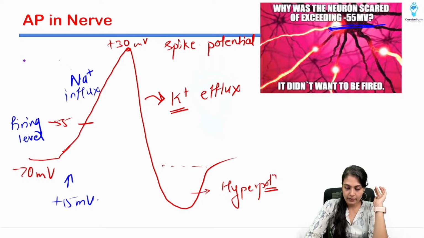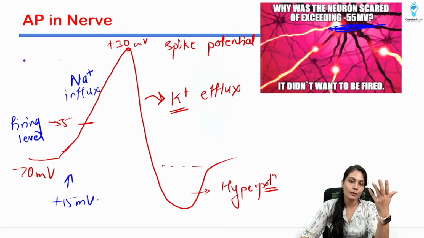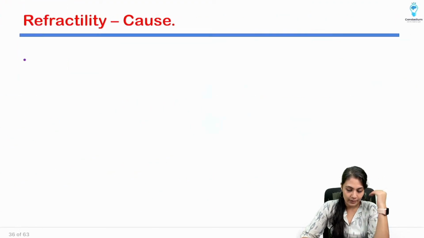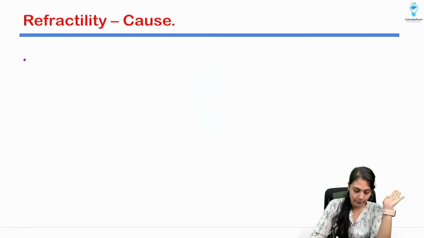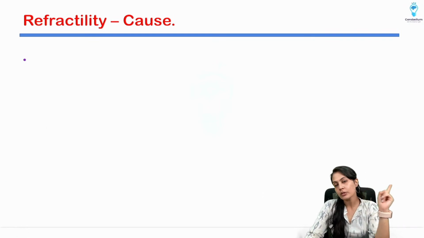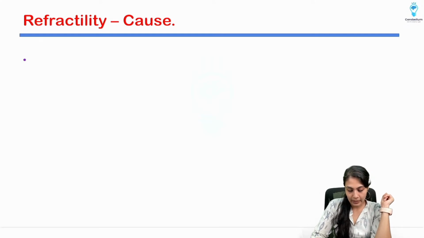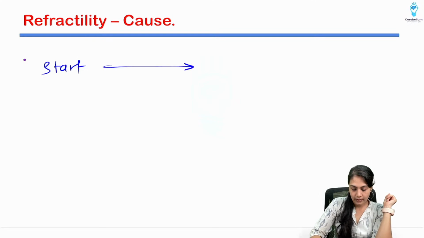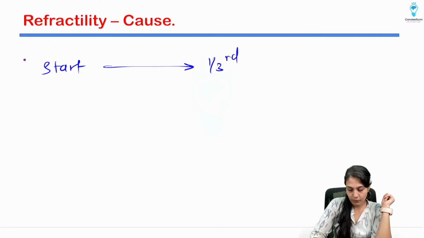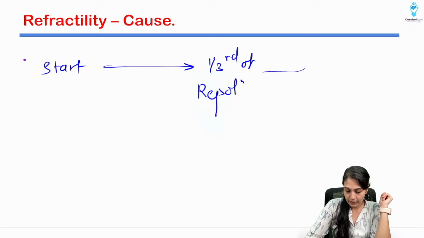So why is it minus 55? Because it is the firing level, right? If you don't want it to get fired, you don't have to reach the spike potential. We have talked about the refractoriness also. There are two types of refractory periods. From the starting point till 1/3 of repolarization, and from 1/3 of repolarization till the time it reaches the RMP back again.